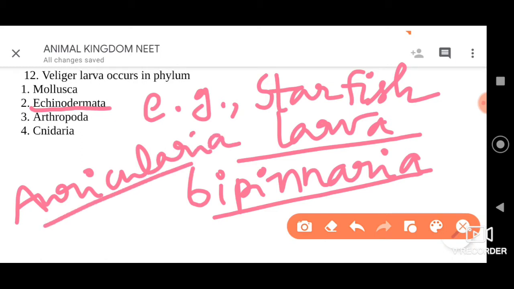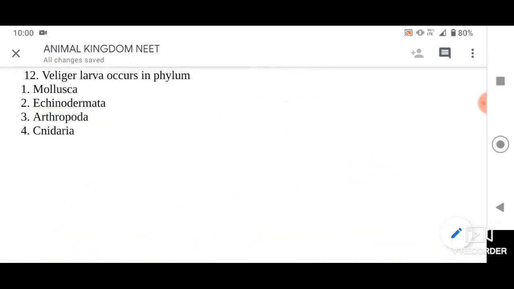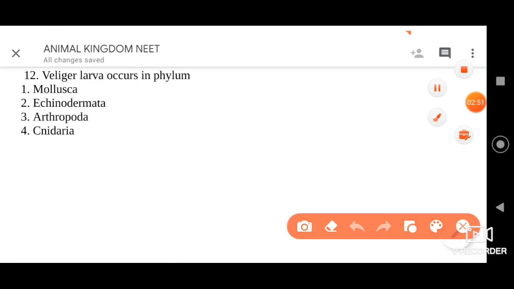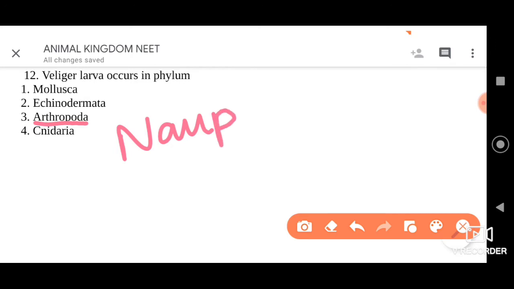But we generally don't find Veliger larva in case of echinoderms. In case of arthropods, they also show indirect development. That means they also have larval stages, where, for example, they have Nauplius larva.